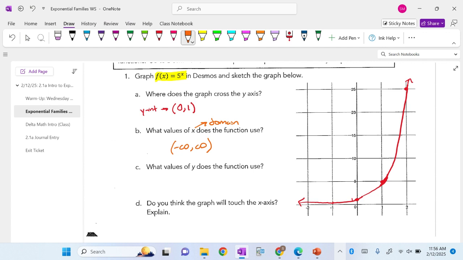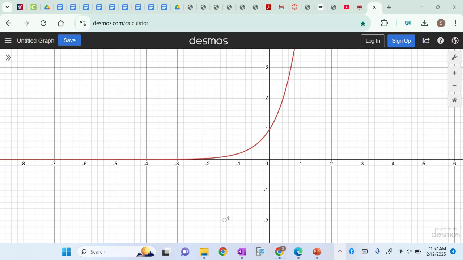Now, it then asks us for the y values, so our range. So remember, bottom to top. If we're looking at our graph again, where does it look like our y values stop? Or what looks like our bottommost y value?